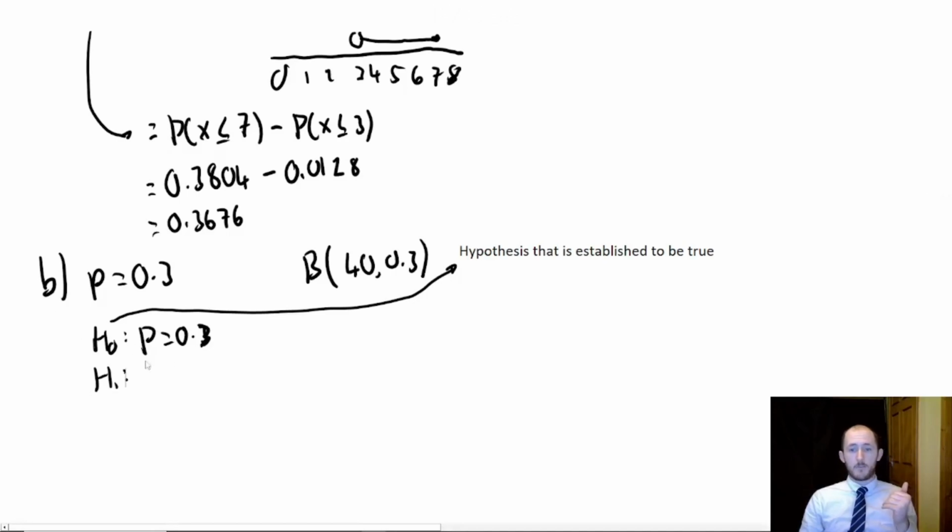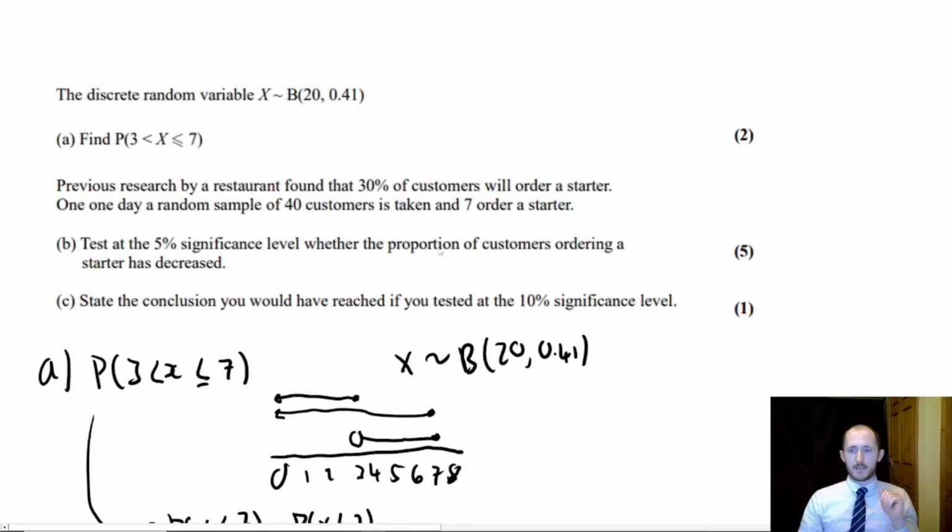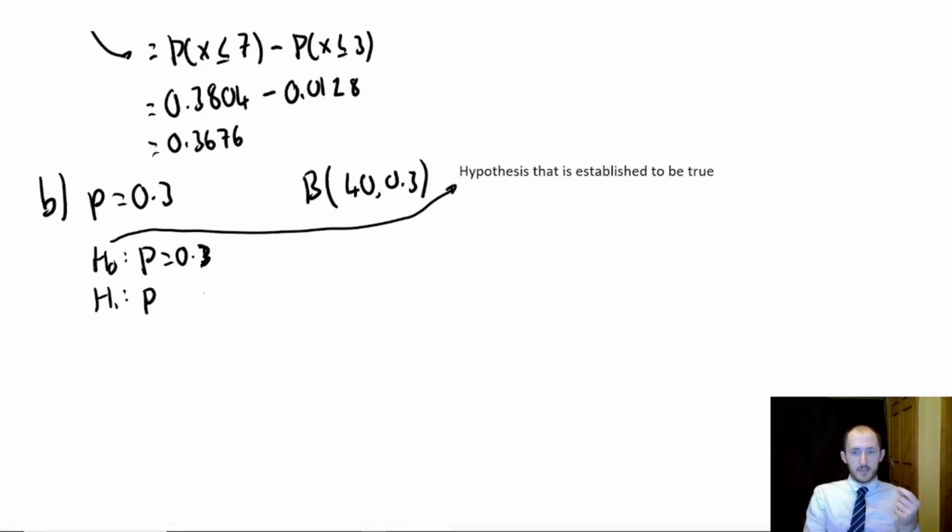If the null hypothesis is wrong, then you are going to accept whatever your alternate hypothesis is. The alternate hypothesis is whatever you're testing. So you can write P. What it says is whether the proportion of customers ordering a starter has decreased. So we're testing if it's less than 0.3.